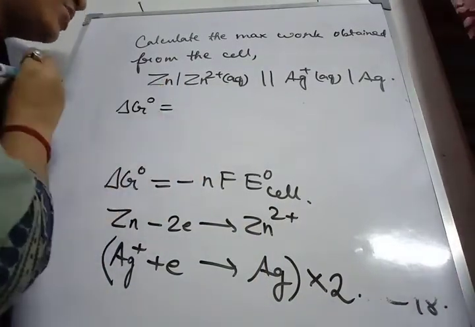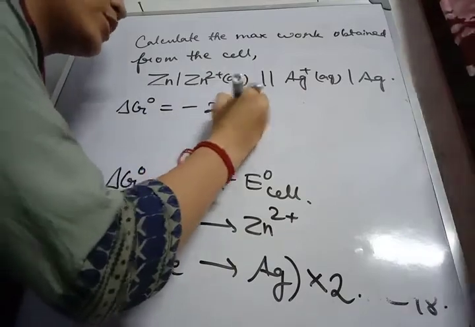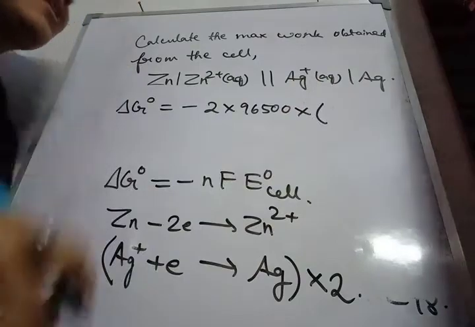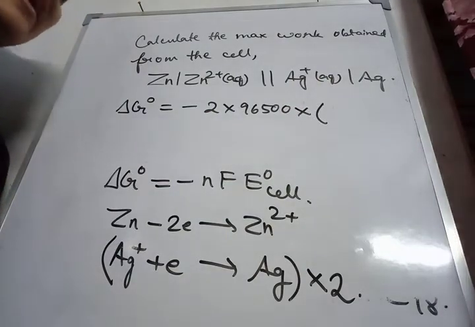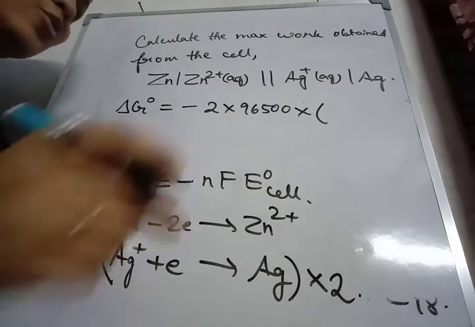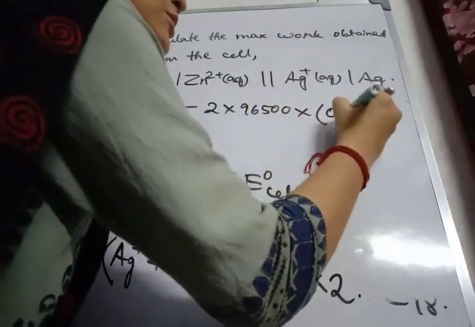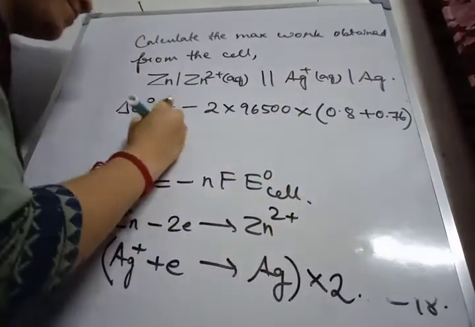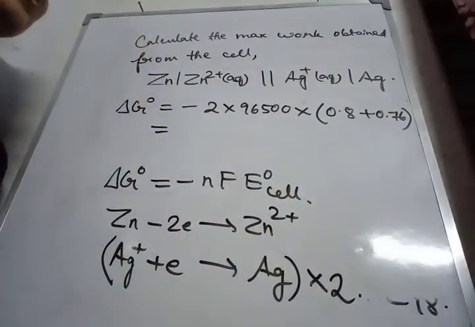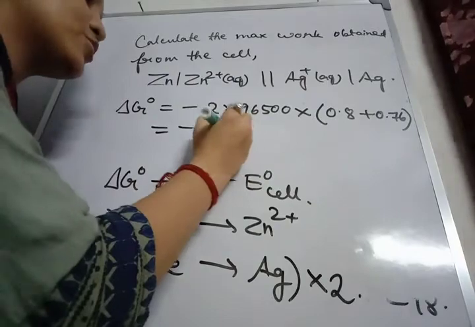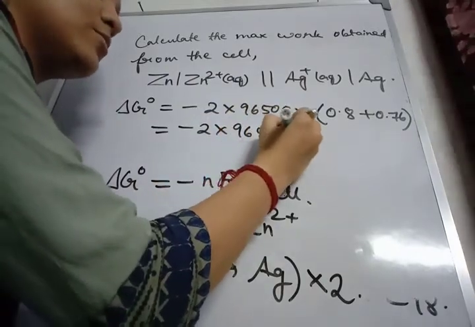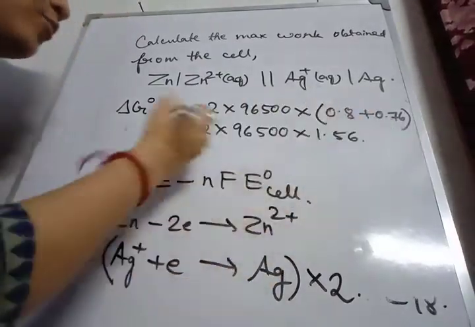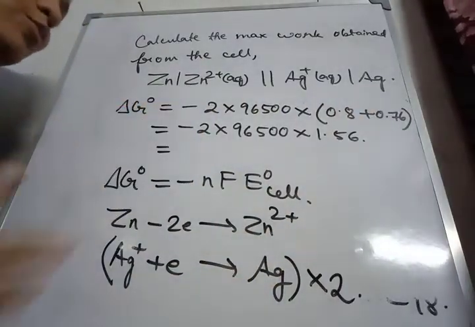So ΔG0 equals minus 2 into 96500 into E0 cell. E0 cell is how much? E0 cell is E0 cathode minus E0 anode. Here which is my cathode? Silver is my cathode. So 0.8 plus 0.76, this will be my E0 cell, 1.56 volt. So minus 2 into 96500 into 1.56 volt. Now if we calculate this, what do we get?